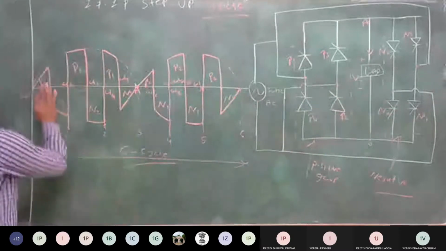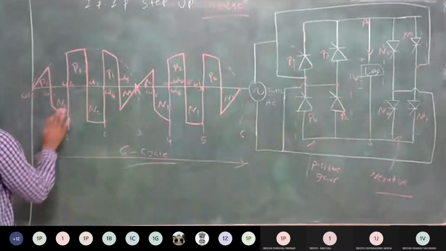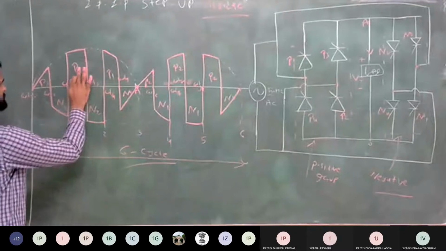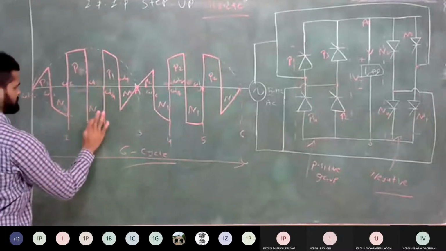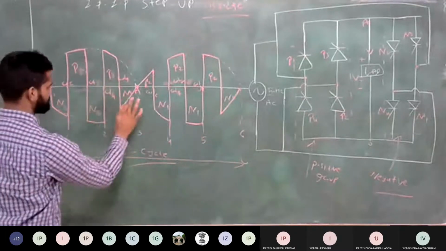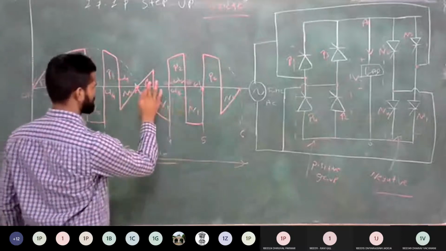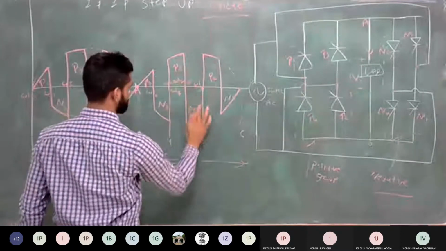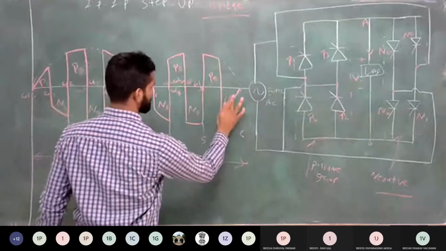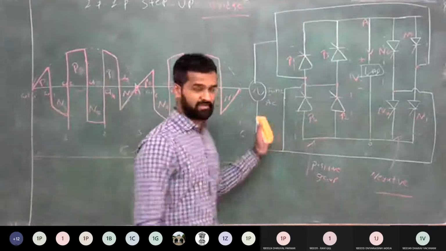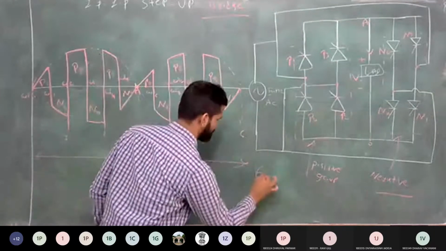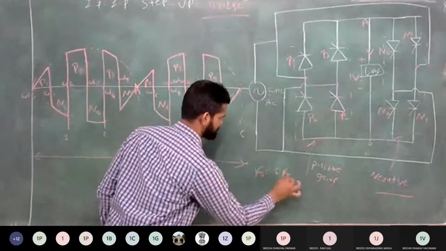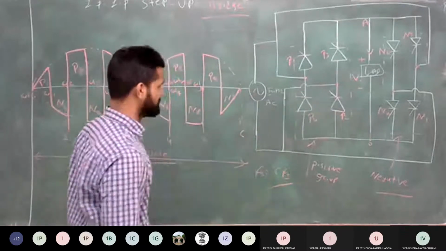Let's check here. The numbering is different because here we use 4 thyristors for the positive group and 4 thyristors for the negative group. In the same way, I convert the output frequency to 6 tan fs with this bridge configuration.